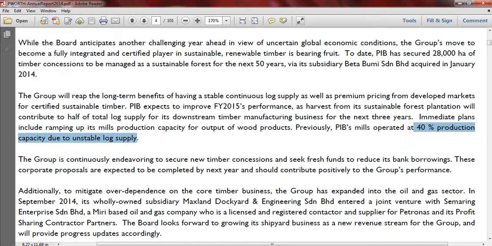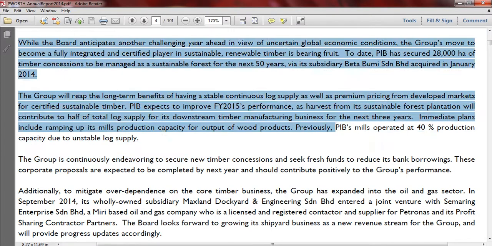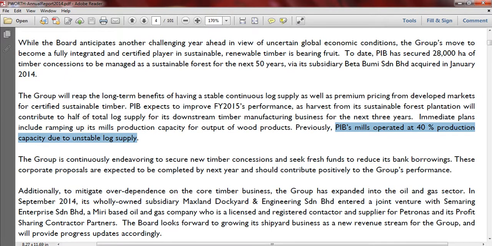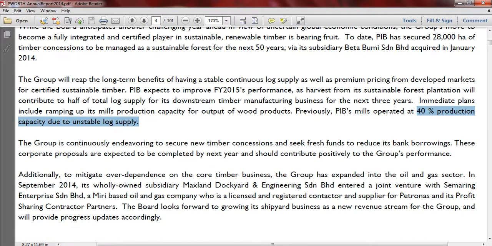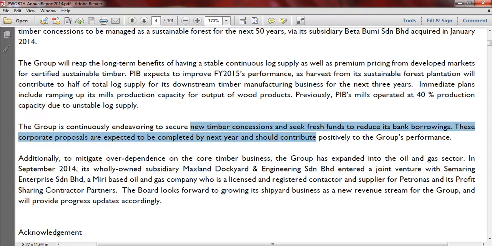Here you can see Price Mill International Berhad's mills operate at 40% production capacity due to unstable log supply. So they already have a shortage of supply and are trying to secure new timber sources.